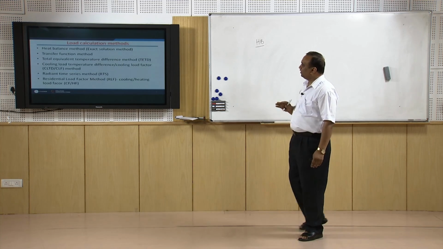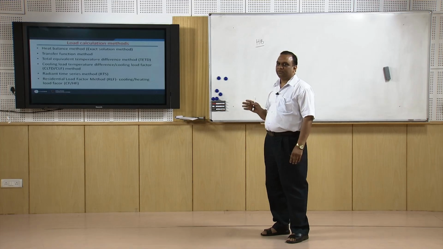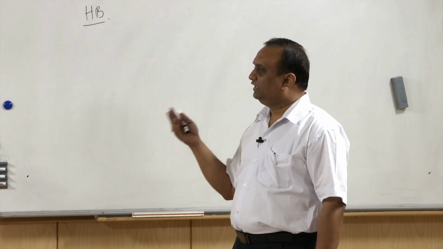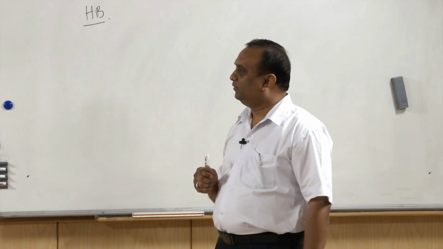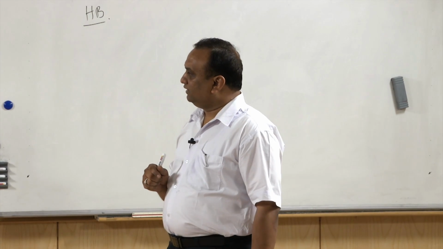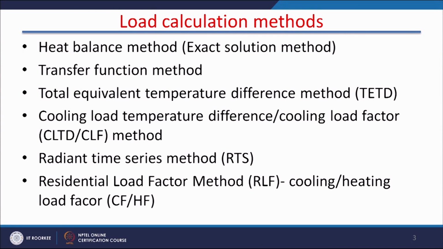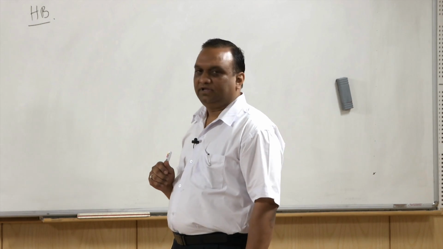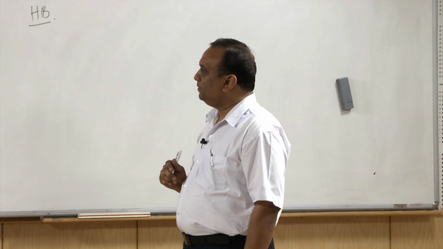Similarly, the transfer function method also involves mathematical equations and iterations and we get the heat load in the building. Total equivalent temperature difference method and cooling load temperature difference, cooling load factor, these two methods are used by the professionals to find the load in the building.